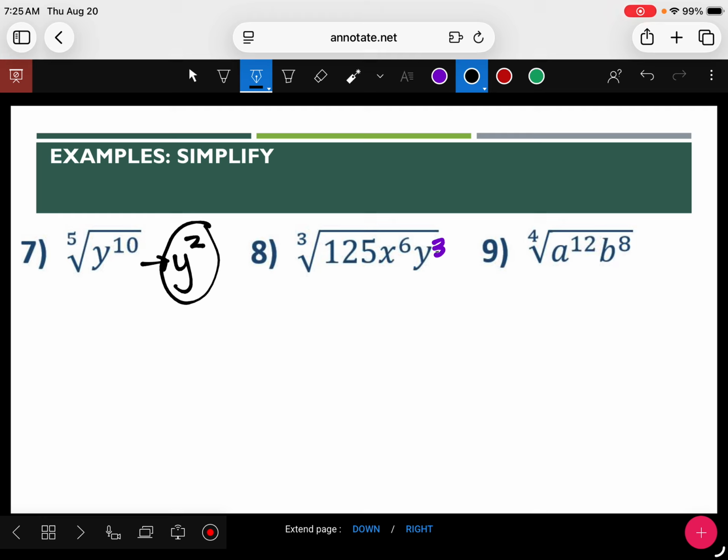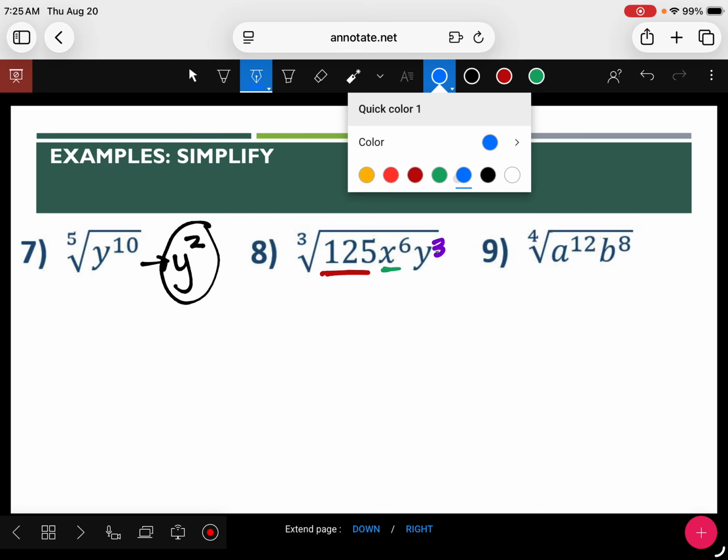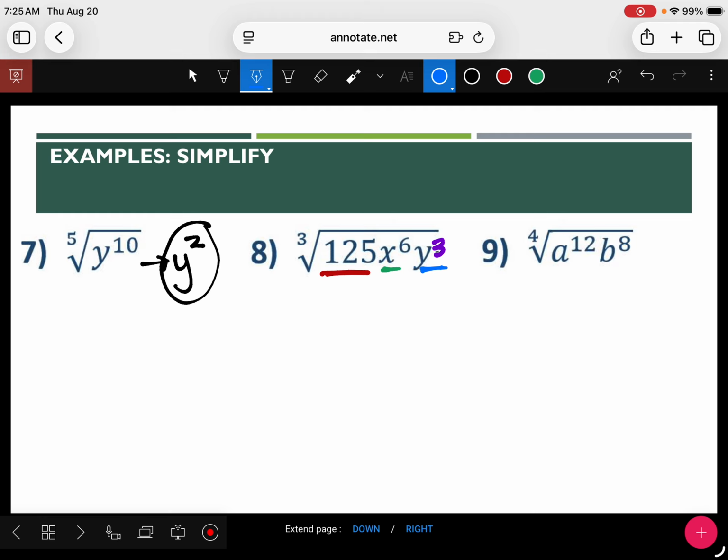All right, go ahead and copy down number 8. Okay, so we have 3 different things under my radical. We have a number, we have x's, and we have y's.